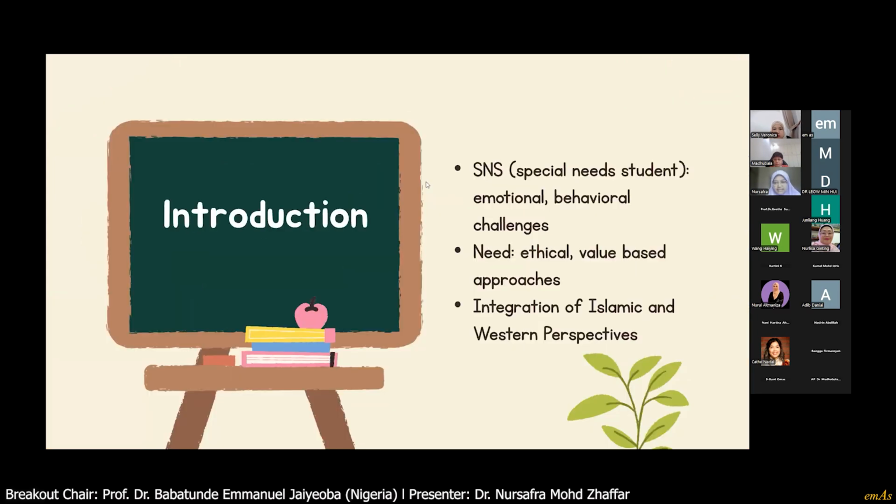Students with special needs, such as those with autism, ADHD, or learning disabilities, often face emotional and behavioral challenges that require more than just academic interventions. In character education, especially moral and value-based development, how teachers respond to behavior matters greatly.